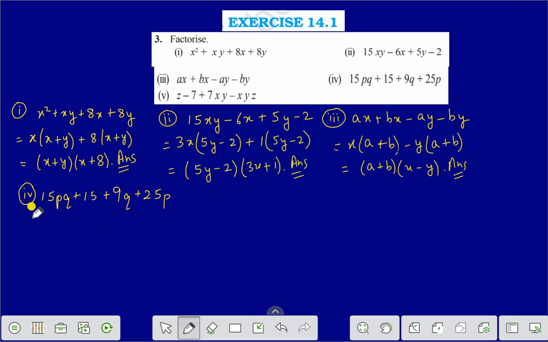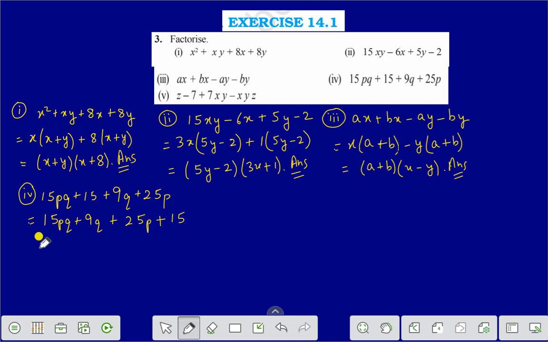If we rearrange this one as 15pq plus 9q plus 25p plus 15.